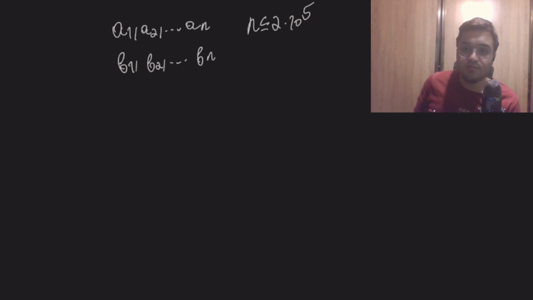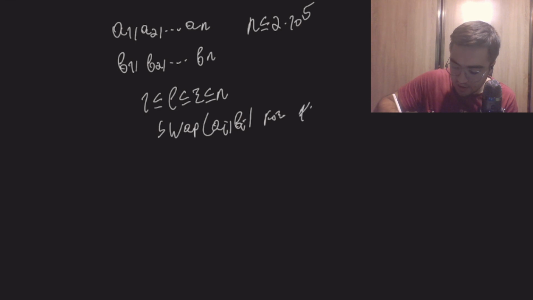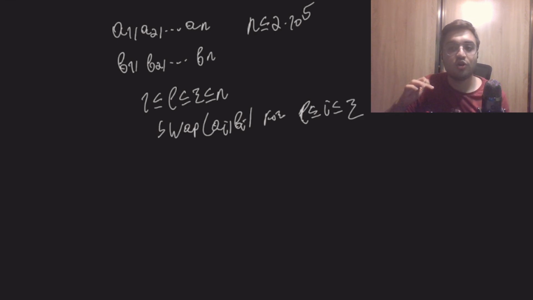And once again, just like the previous version that I explained, we can choose any segment, so some left endpoint L and right endpoint R, and swap A_i with B_i for all i's that are in between L and R. We can do this operation exactly once.